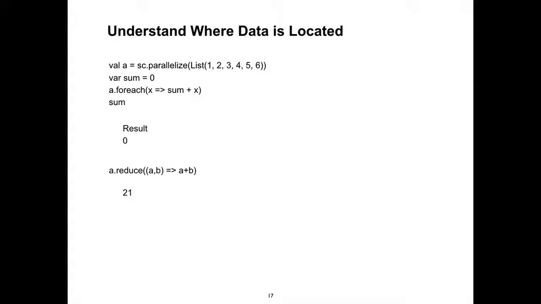So the lesson here is several-fold. One is when you're writing Spark programs, it looks like a simple 4-line program, but there's a lot going on, and not all of it's being done on the one machine.